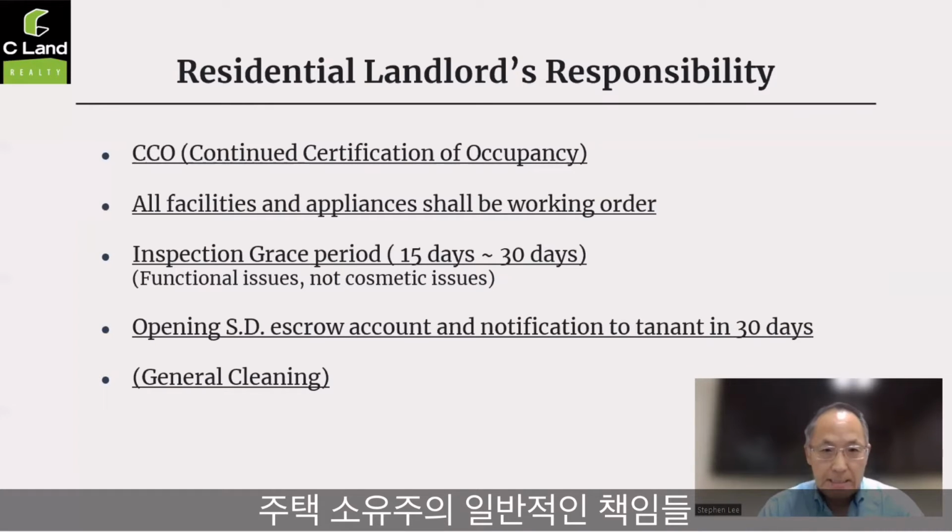But everything is okay if it's a normal situation. But if there is any issue with the court between landlord and tenant, and if you go to court, then the judge will ask first thing whether you have a CCO.